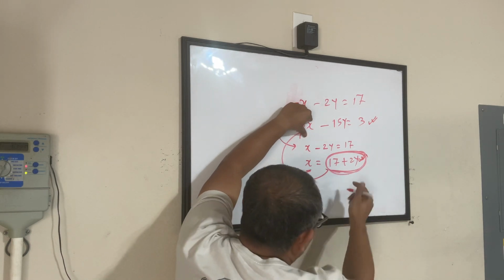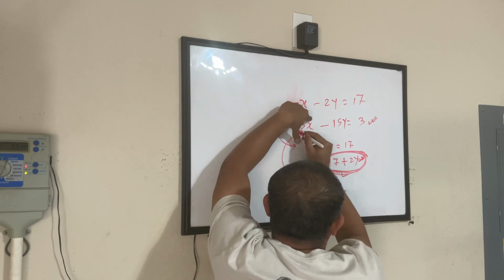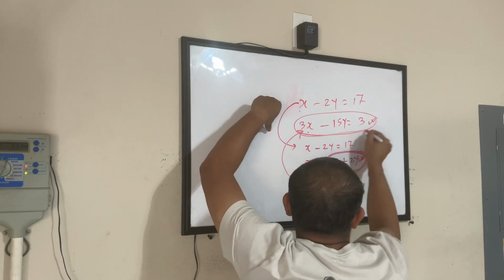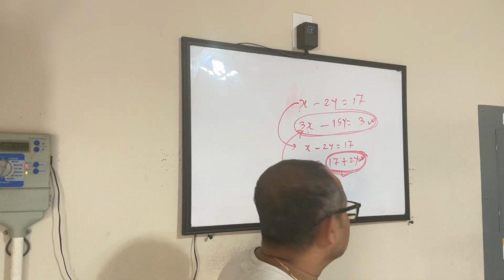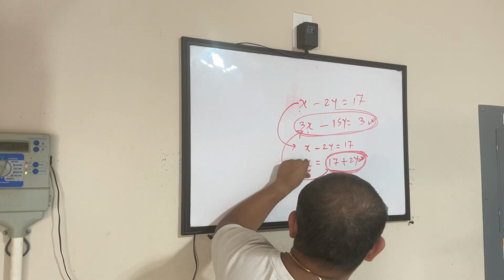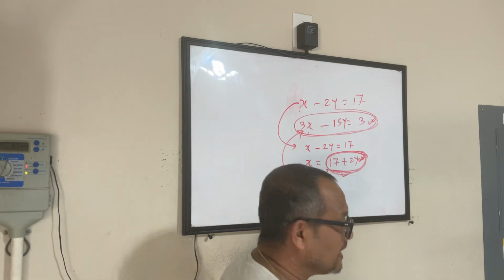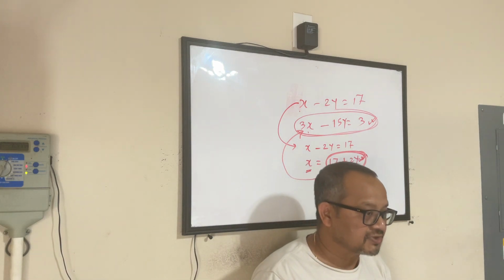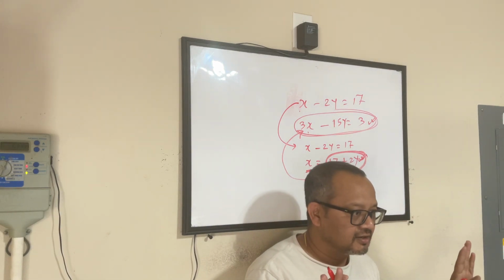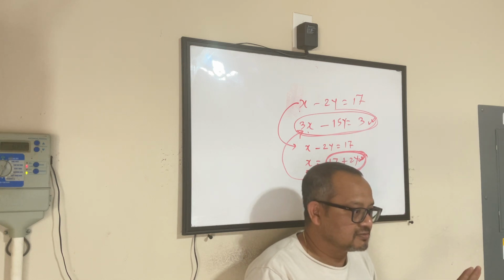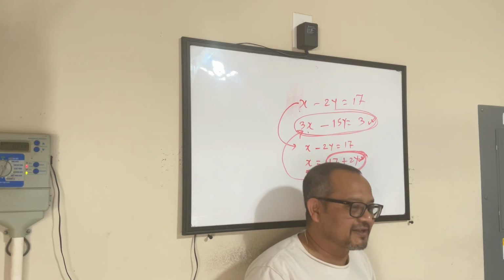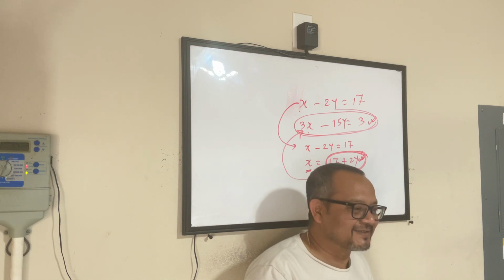Why? Because now when I put this value here, everything is y. This becomes one equation with only y and some numbers. So I am substituting the value of x from one equation to the other equation. That is why it's called the method of substitution. Clear? You don't want me to annoy you by saying it one more time, right? No? See, Dikshita also honestly said, no, please don't annoy us.